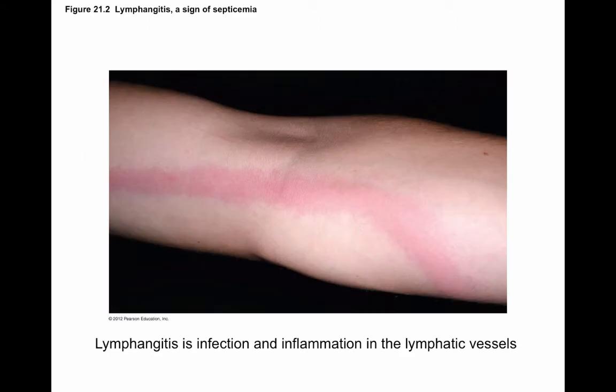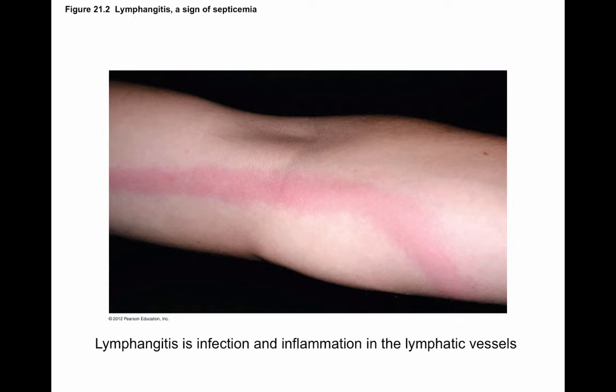All right, here's a lovely image of lymphangitis, okay? This is a sign of septicemia. This is a red streak going down this person's arm. What's happening there? You've got a lymphatic vessel, right? So you've got lymphatic vessels that go all around your body system. And I guess lymphangitis is a sign of infection of the lymphatic system, I should really say.